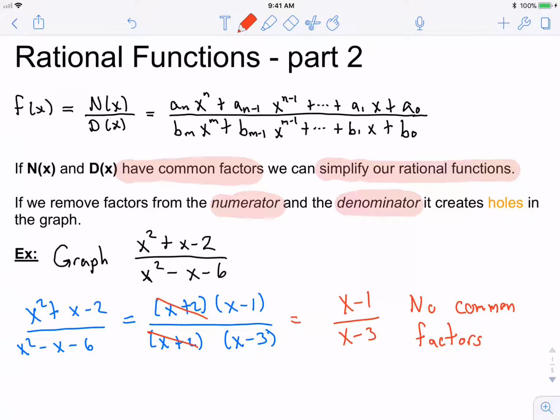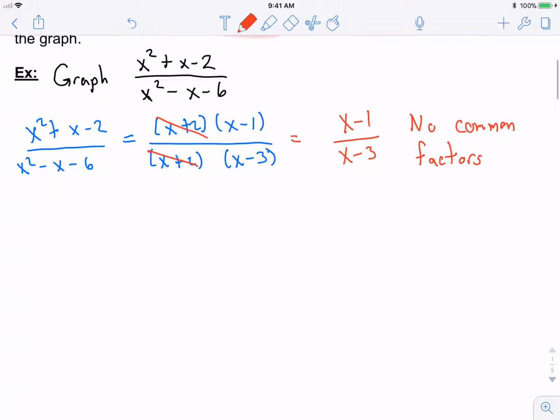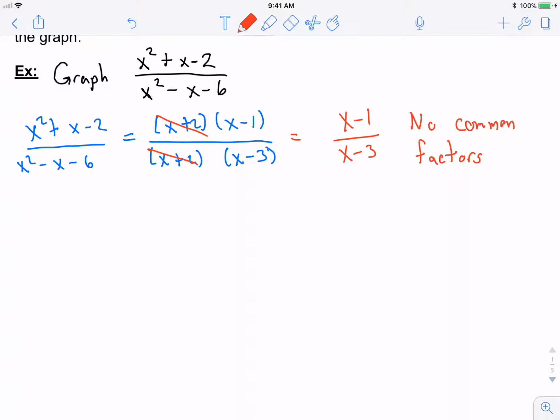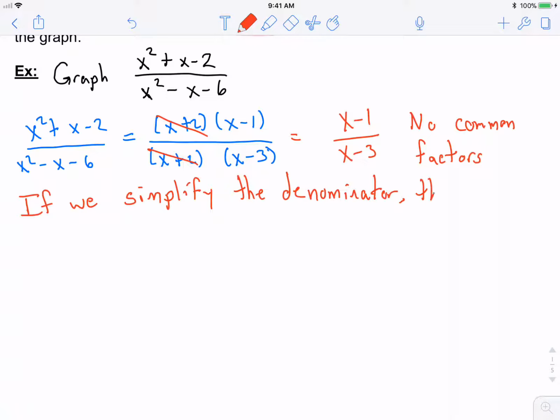So this means that our complicated graph actually looks like this nice linear divided by a linear. And now we can start using our rules from before, but we need to be careful. If we simplify the denominator, the factor removed is still not in the domain.